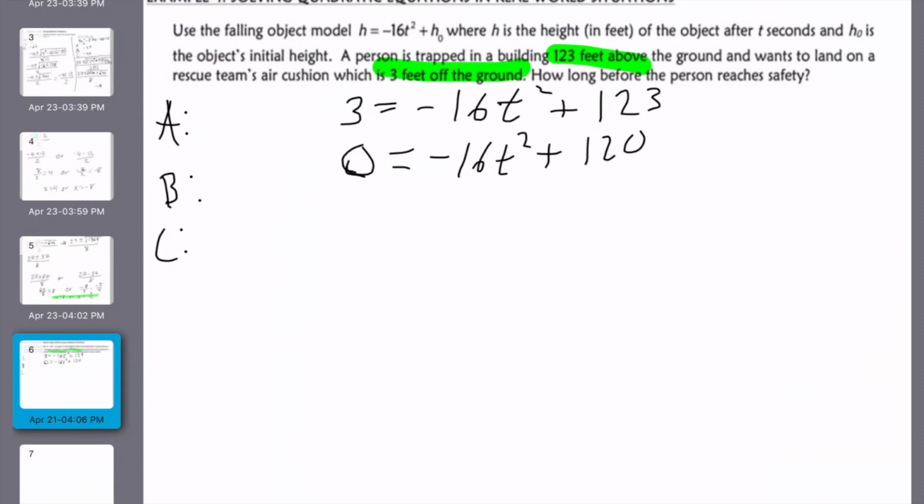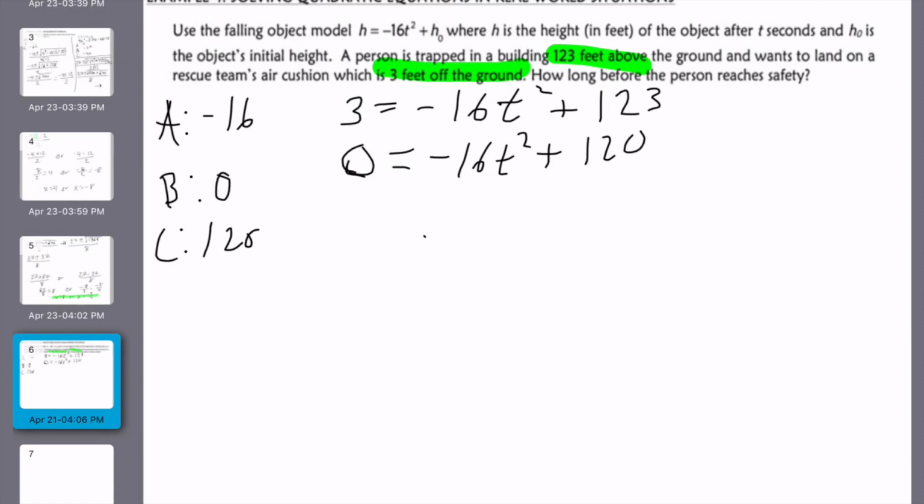So my A term is going to be negative 16. My B term, I don't see that I have anything that has a regular t with it, okay? So if there's nothing there, in this case, it's a 0. So my B term is actually a 0. And then my C, or my constant in this case, is 120. So let's put this into the quadratic formula, so that way I have what I can work with.